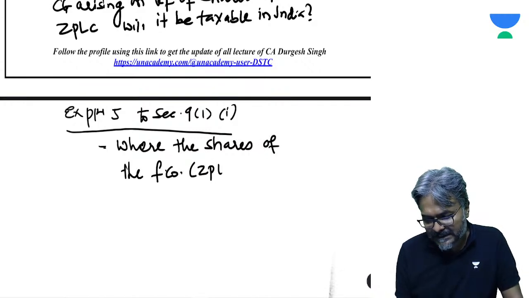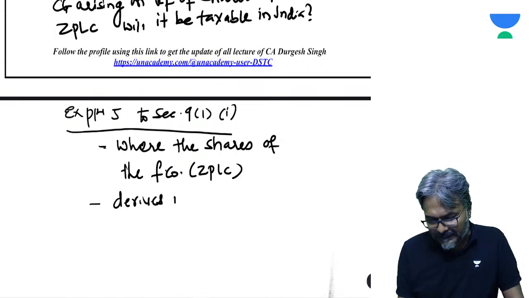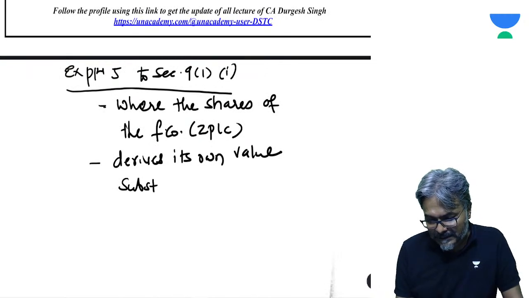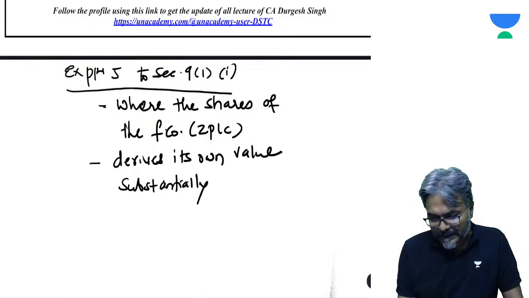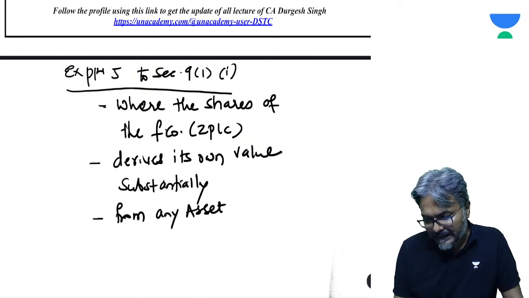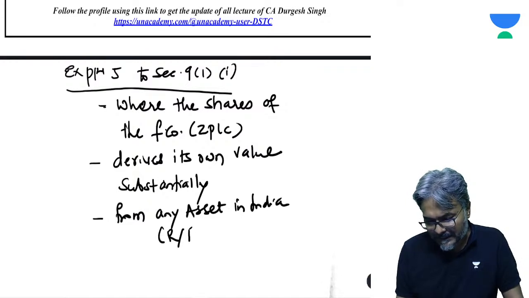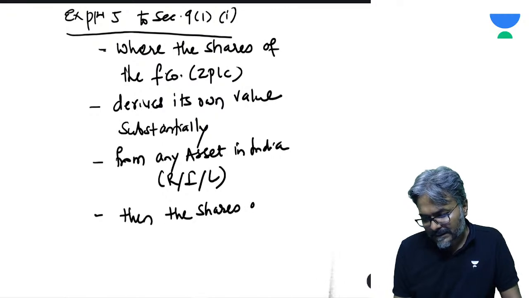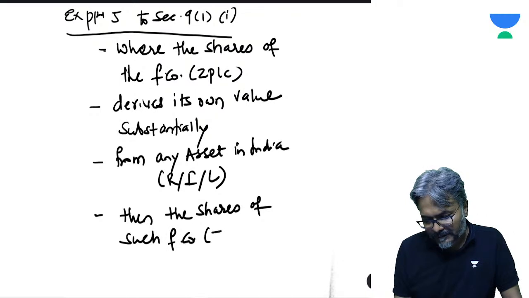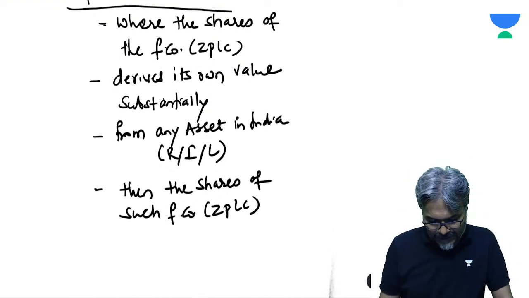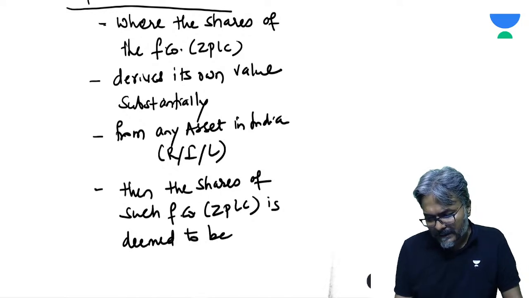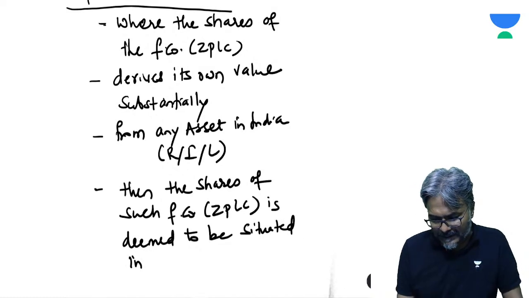From my example, I'll write Z PLC, where the shares of the foreign company derive their value substantially from any asset in India, in my example, RIL, then the shares of such foreign company, Z PLC, are deemed to be situated in India.